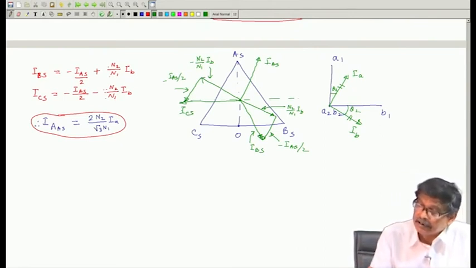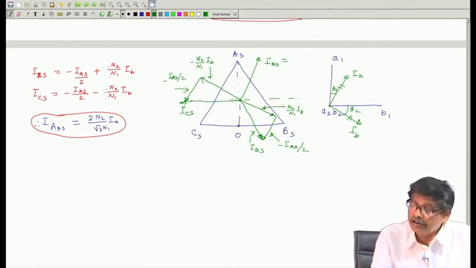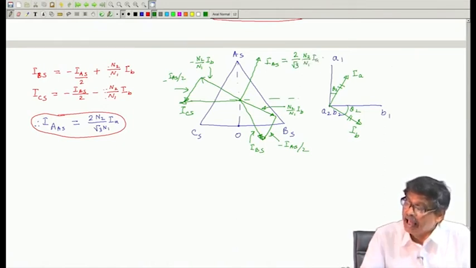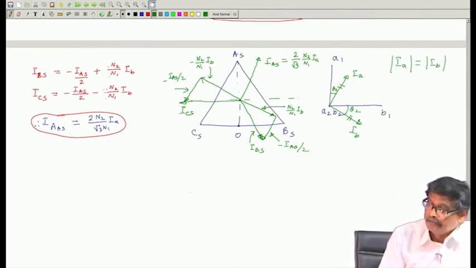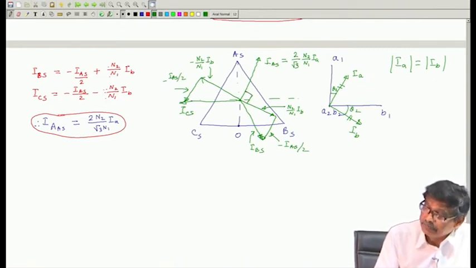So, the reflected current, and mind you what is IAS? IAS is 2 by root 3 into N2 by N1 into IA, and mind you magnitude of small IA and magnitude of small IB, they are same, you know. So, this is the thing, and obviously, this angle is 90 degrees because I have shifted IAS by theta 2, same angle.